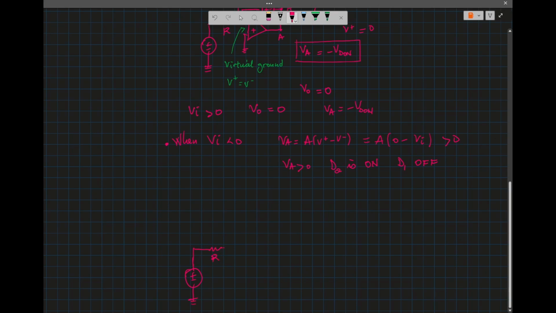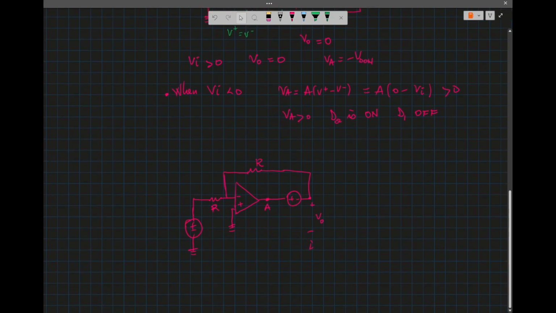Have R, this is grounded, and we have the resistor R. That diode D1 is open, so we have this point A, and we have this scenario, and this is V0.